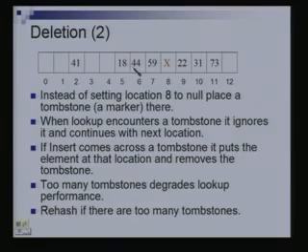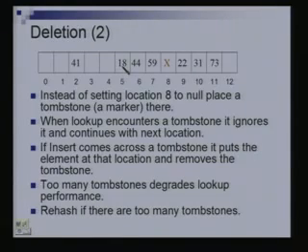Now how is this going to help us? When we are doing a lookup and we encounter a tombstone, we don't declare that the search has ended and it's not present. We continue. As before, if I was searching for 31, 31 mod 13 is 5.